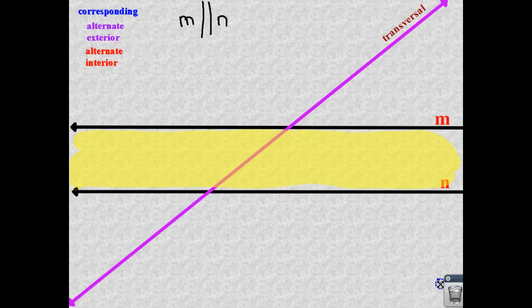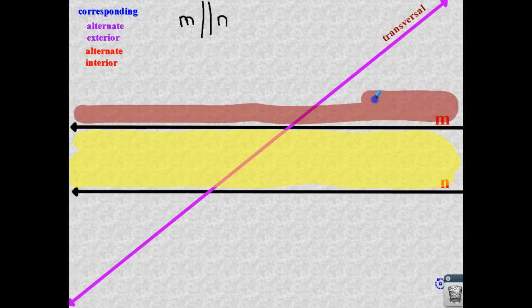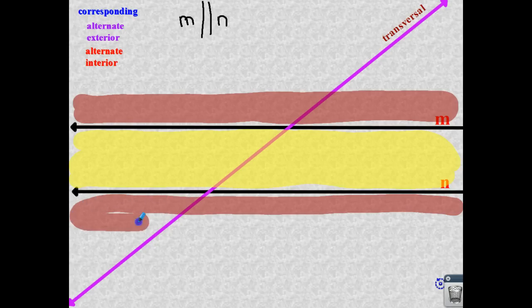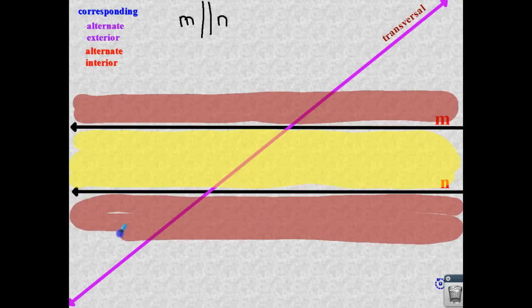Now, the exterior means the outside. So now we're looking at the outside of the parallel lines, and I'll shade that in with a brown highlighter. We have the angles that are above line M on the outside, and we also have the angles below line N on the outside or exterior.